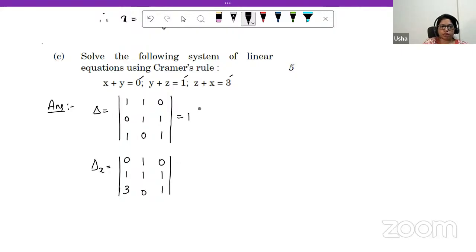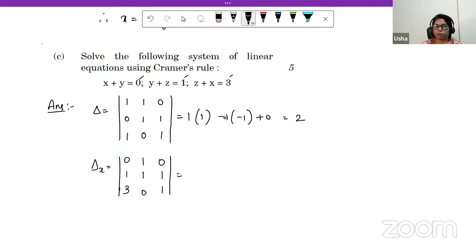We'll find this: 1 into 1 minus 0, minus 1 into, leaving the first row and second column, 0 minus 1, plus 0. So this is 1 plus 1, 2. Minus 1 into minus 1 is plus 1. Here also you have 1. 1 plus 1 is 2. Just solve them carefully whenever you have this minus plus.